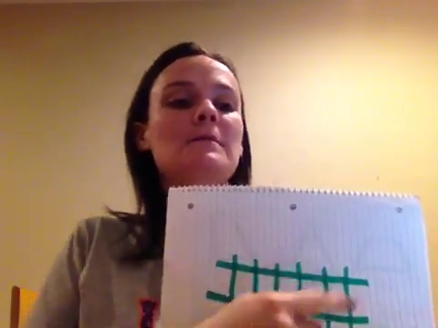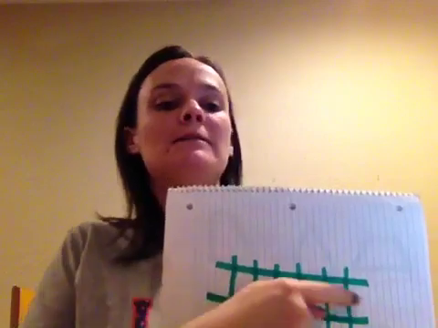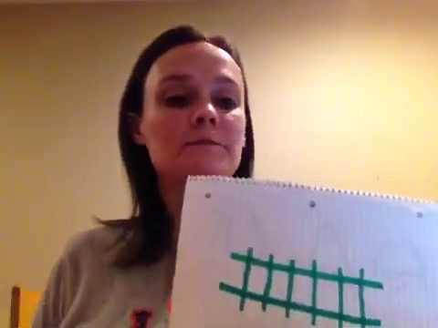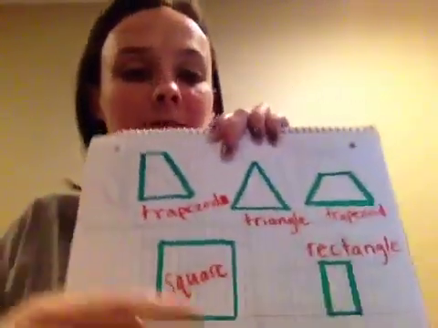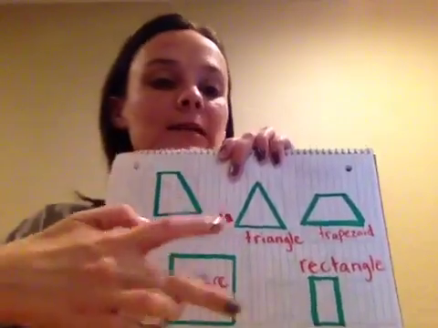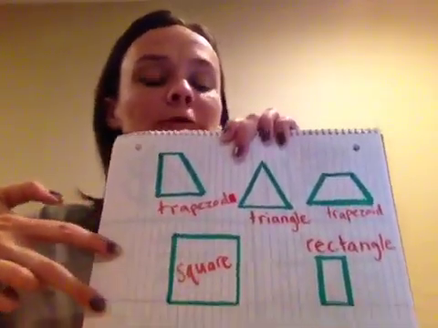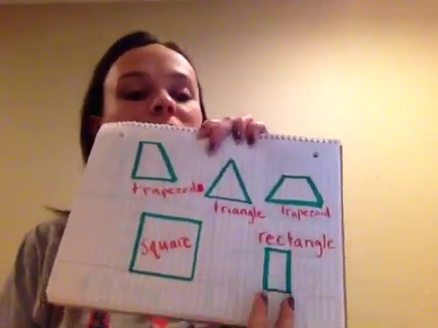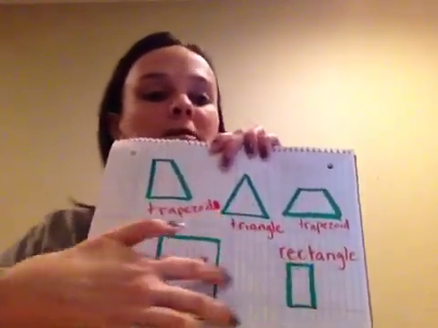If they kept going, they still would never touch. So on a square there are two sets of parallel lines. Like this could be a railroad track, that's one set, and these two sides could be a railroad track. In a rectangle, there are also two sets.